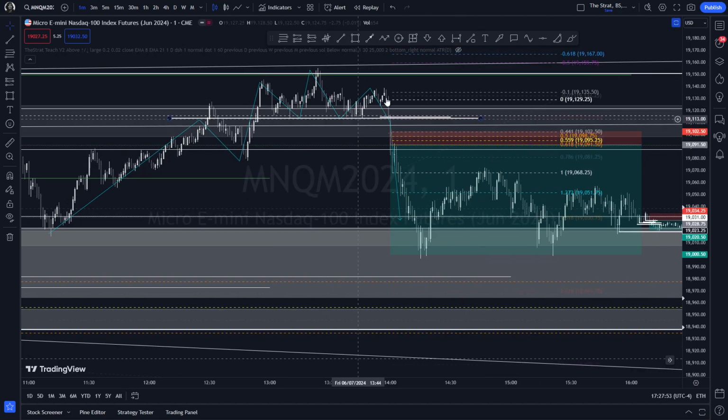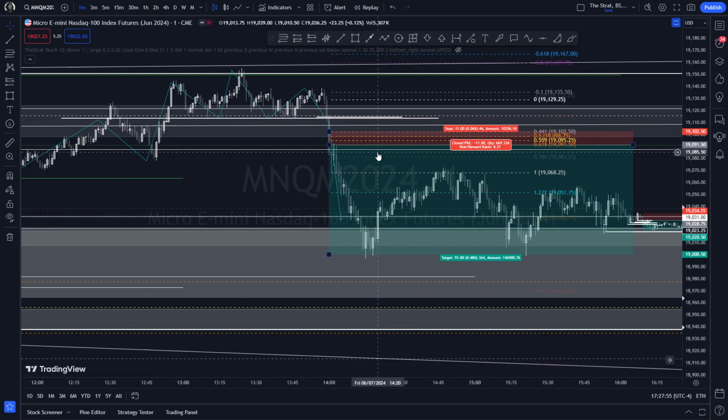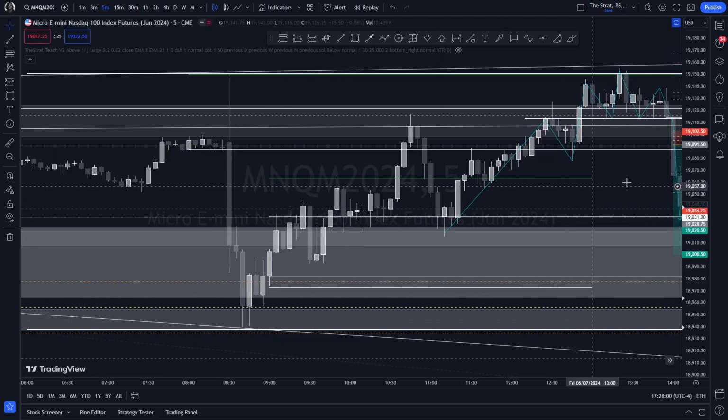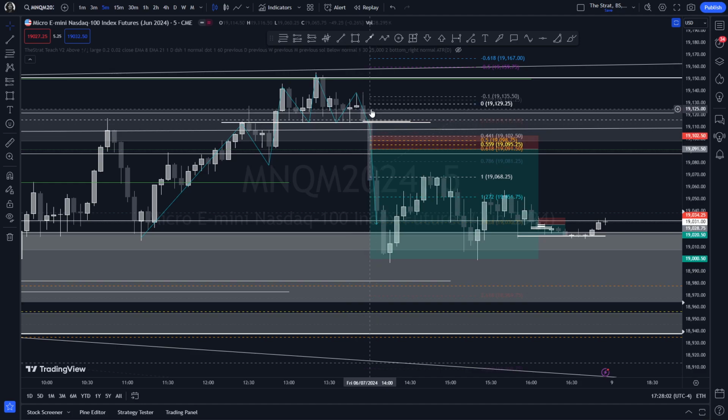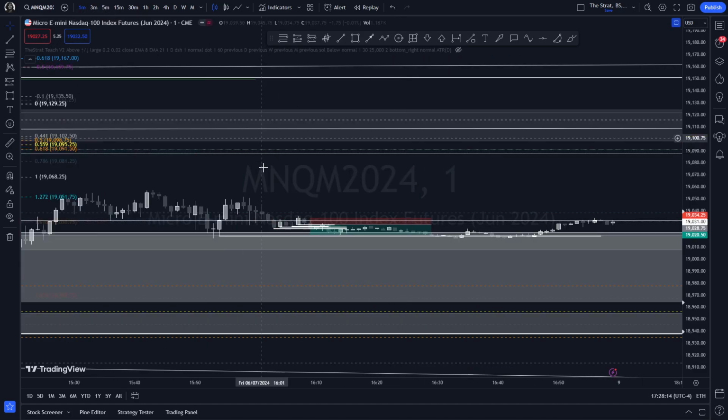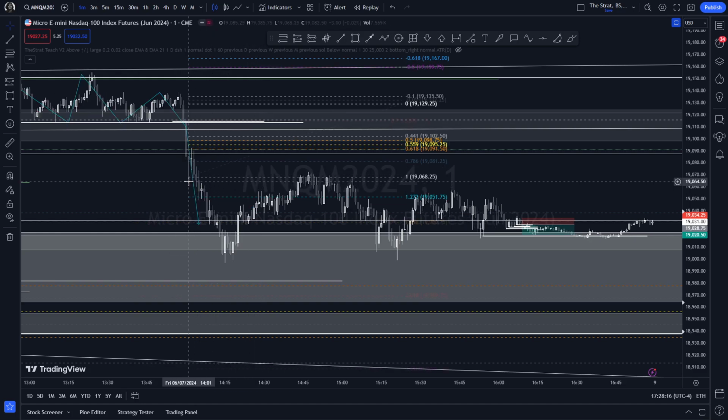Typically, as far as targeting is concerned, how did I pull that first one? Let me see. Oh yeah, I pulled it from the 5 minute, from here to here, from this first pullback. So it pulled back here, and then you would enter here, basically entering right here on the 5 minute.